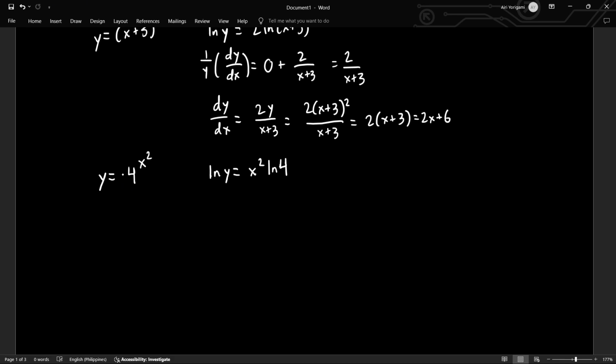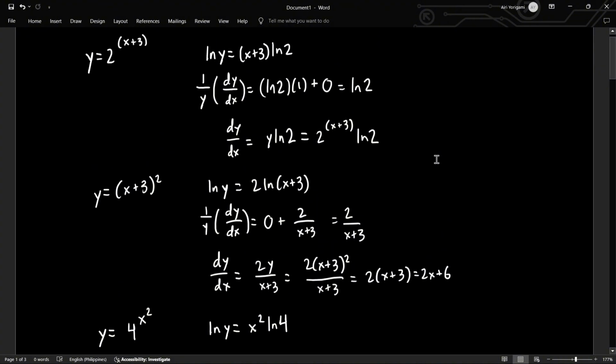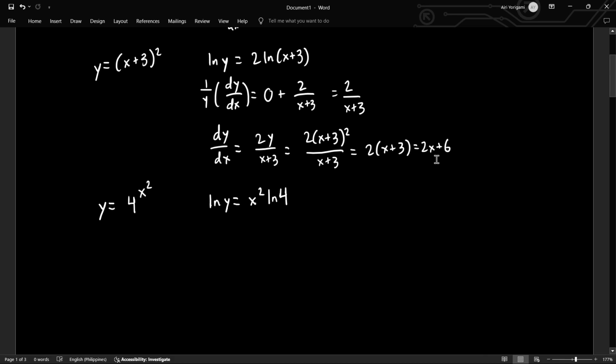Although simply this is just essentially a number raised to a variable. So we can just use 4 to the x squared times 2x times ln 4. That would be the final answer there. So let's check.